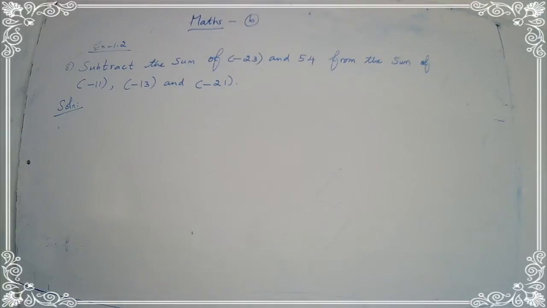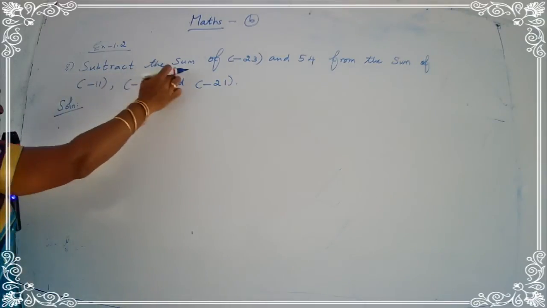Subtract the sum of minus 23 and 54 from the sum of minus 11, minus 13 and minus 21. Okay, this is also the same type of question as question number 7.